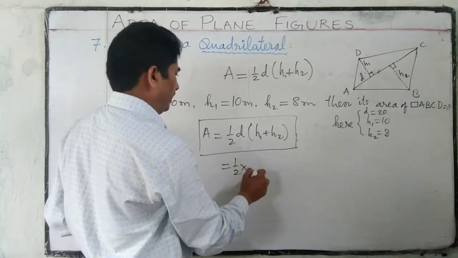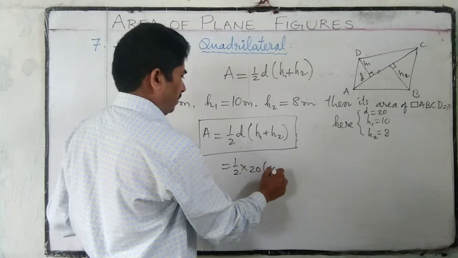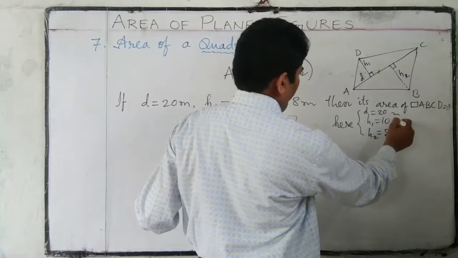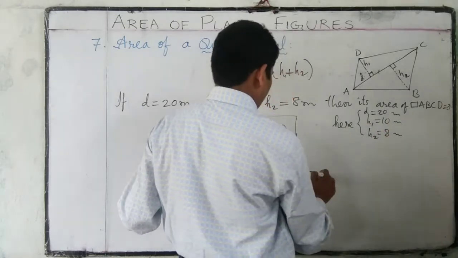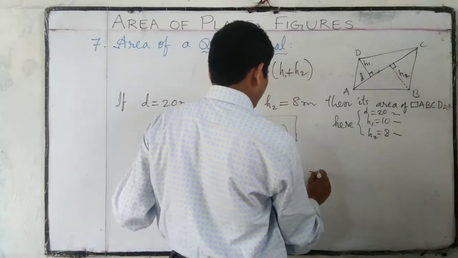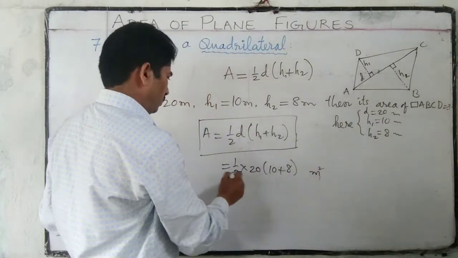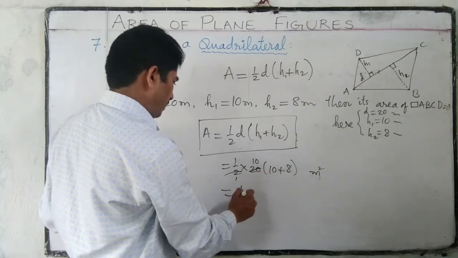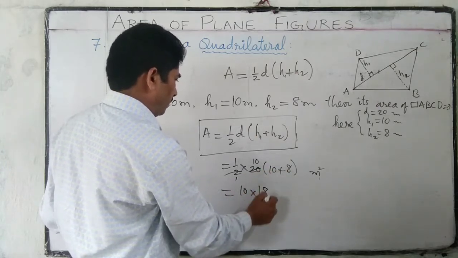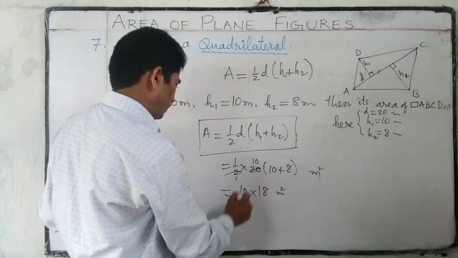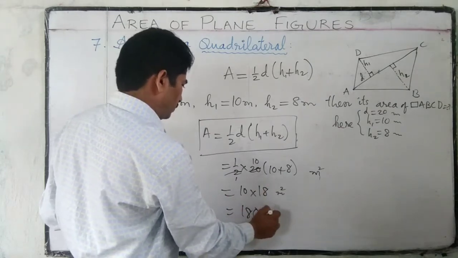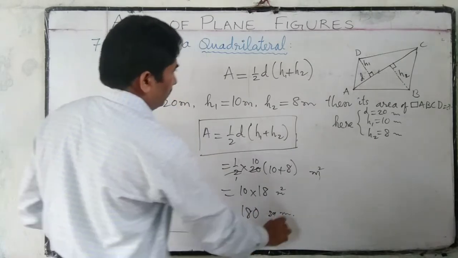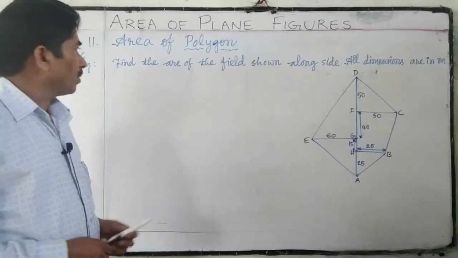Half into D 20, H1 10, H2 8. So these are all meters only, so we get square meters. 2 ones, 2 tens, 10 plus 8, 18. 10 into 18 meter square. So 180 square meters or meter square. This is the area of the given quadrilateral.